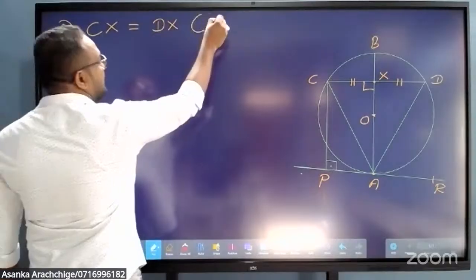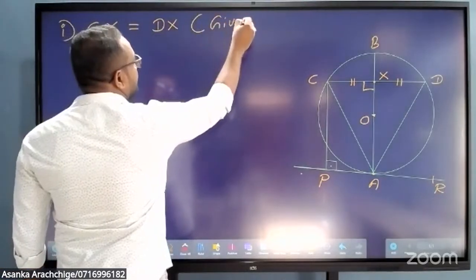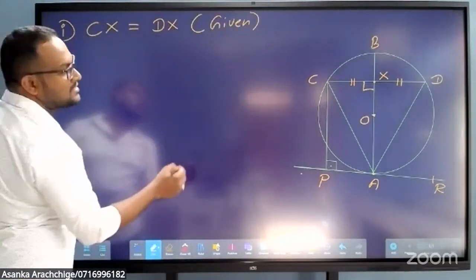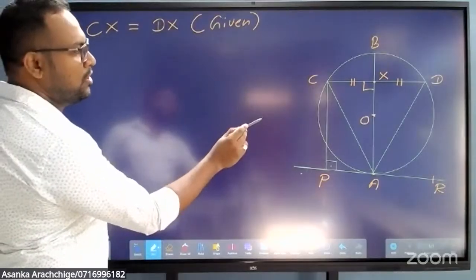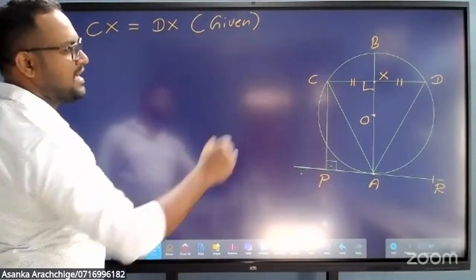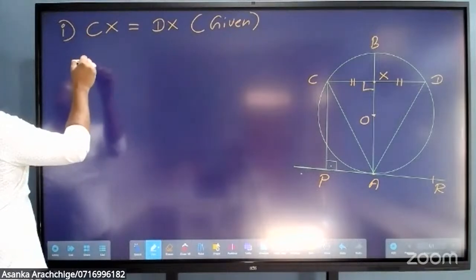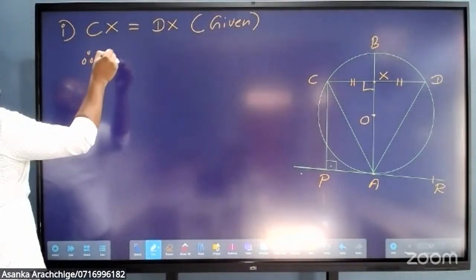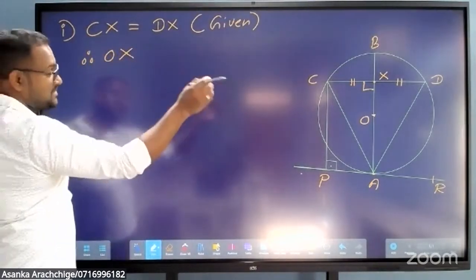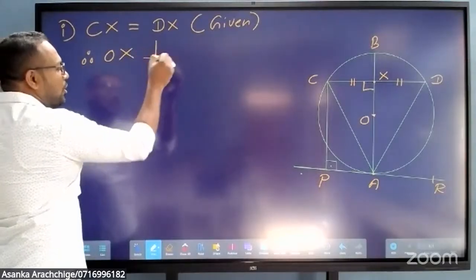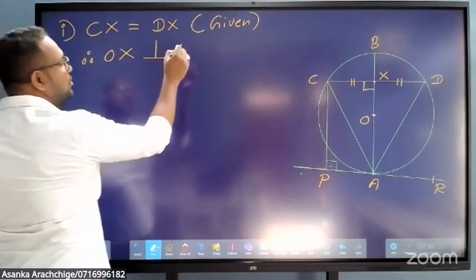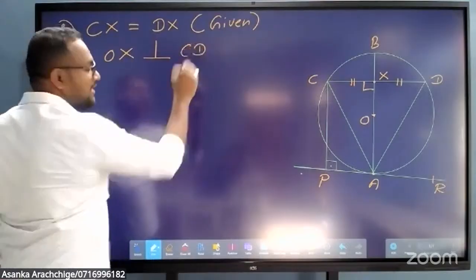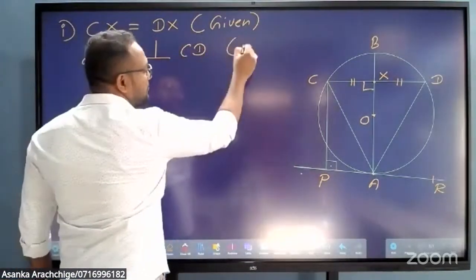Then OX must be perpendicular to CD. Theorem.